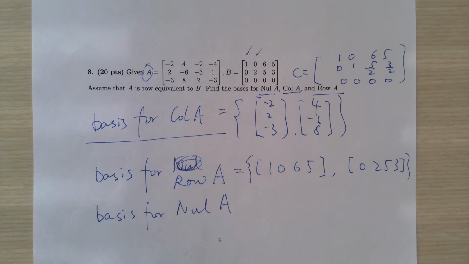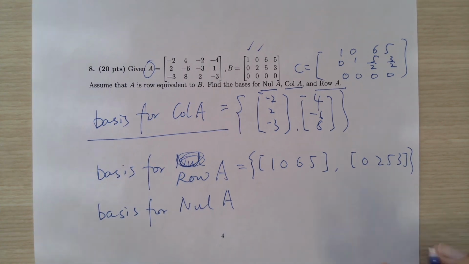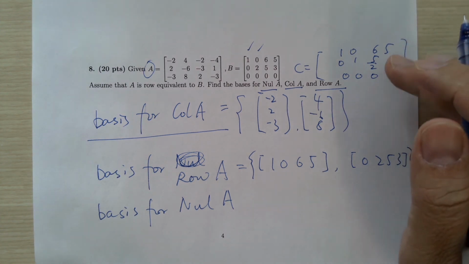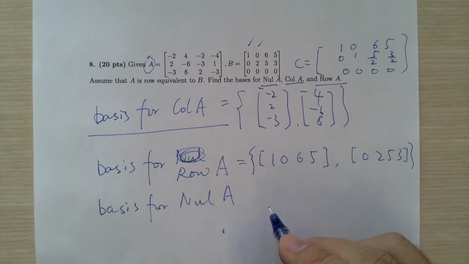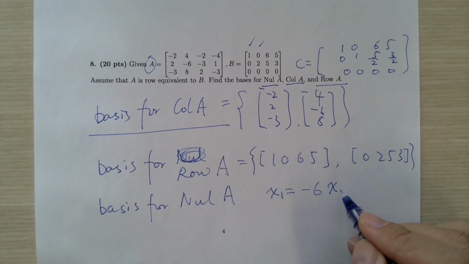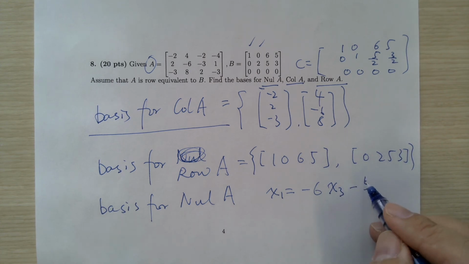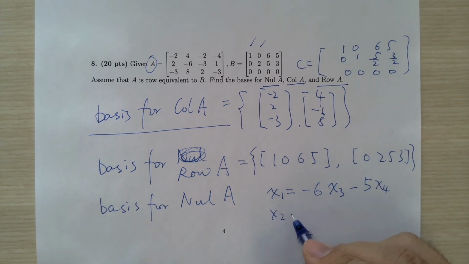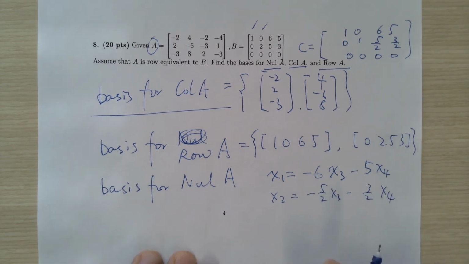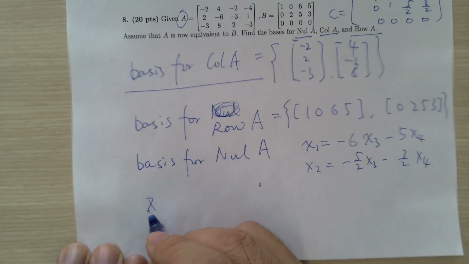You see x3 and x4 are two free variables. As you can see, x1 equals -6x3 - 5x4, x2 equals -5 over 2 x3 - 3 over 2 x4.